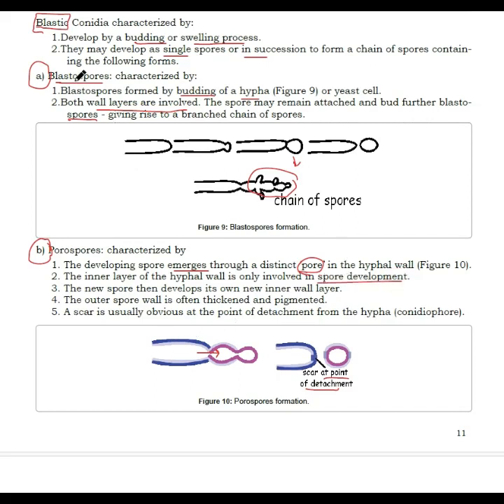In blastospores, both wall layers are involved; here only the inner wall is involved. The new spore which develops forms its own new inner layer.